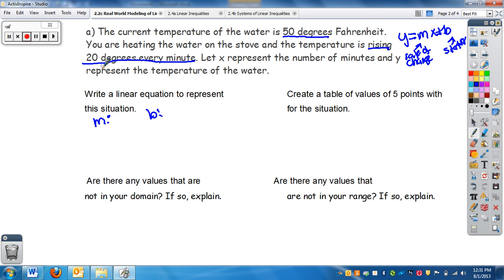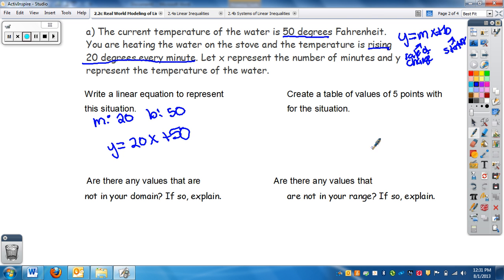Since it's changing by 20 degrees every minute and it's going up, my slope is 20. And then your b is, where do you start? What did the temperature of the water start at? Which is 50. So my equation is y equals 20x plus 50.